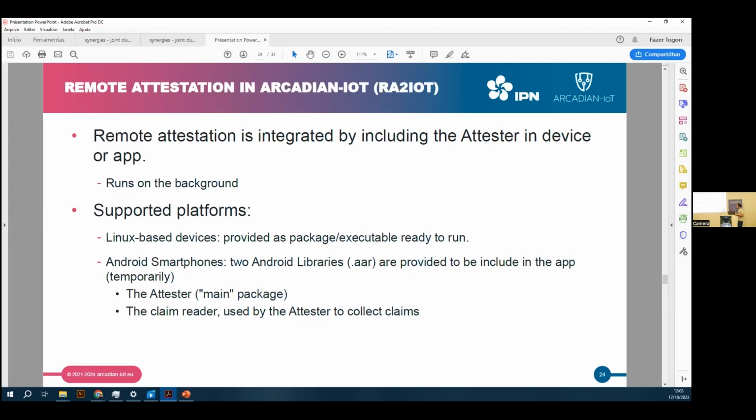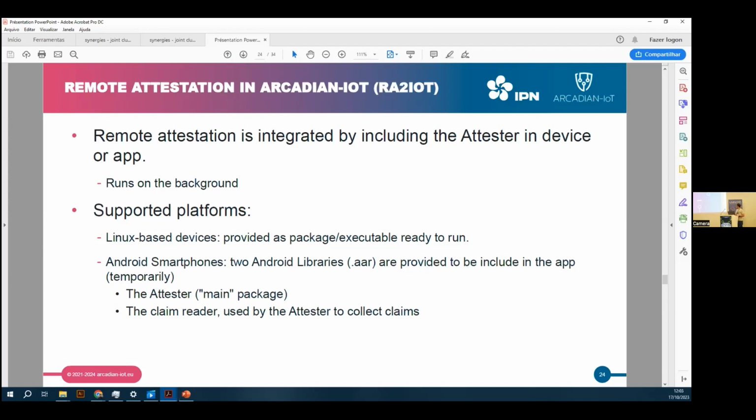Additionally, there's another Android library that we use to collect the data, the claims, from the device. Currently this is a temporary measure that might change in the future.